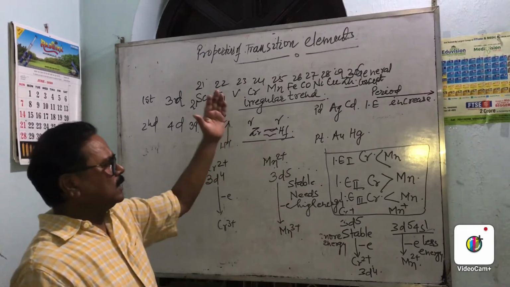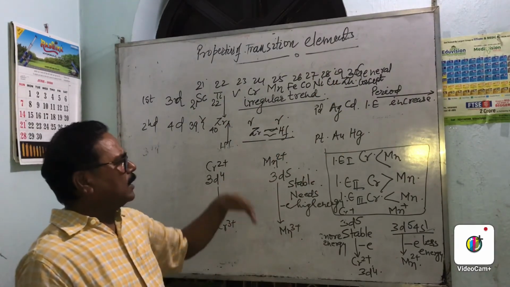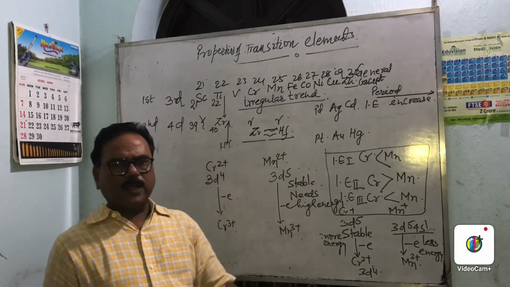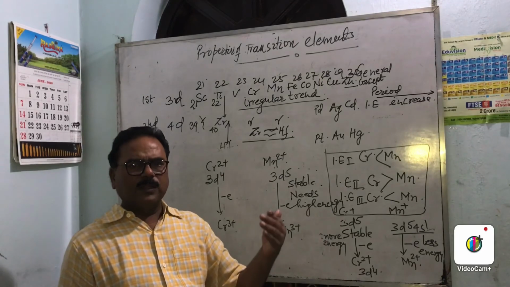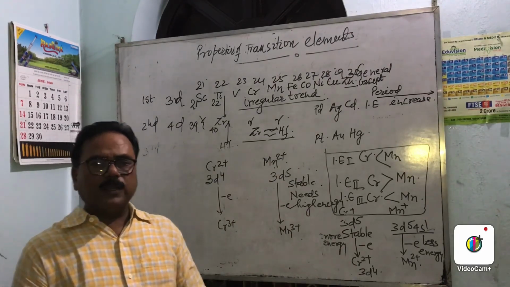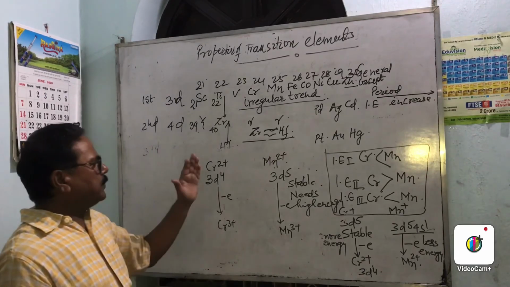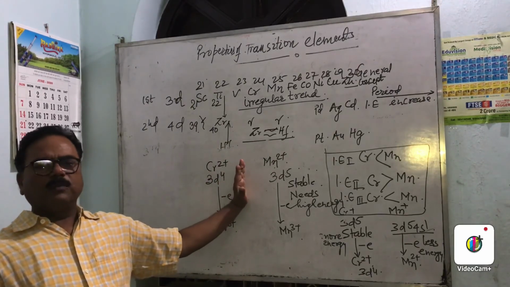So we have seen the order for copper, zinc, and this is what the order should be, but sometimes we don't say 5d, then 4d, then 3d, and there are so many exceptions. Ionization energy depends upon the electronic configuration and the stability of the orbital.